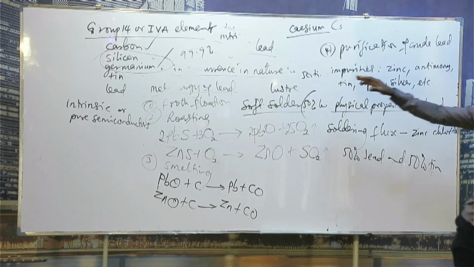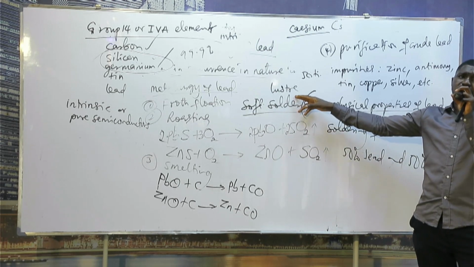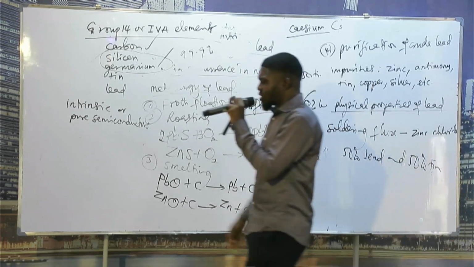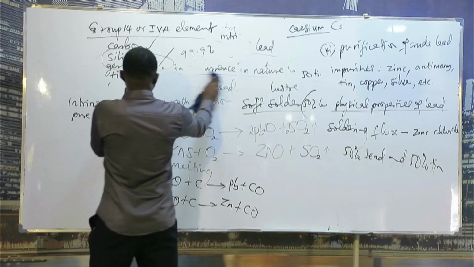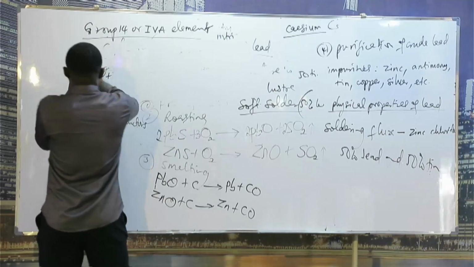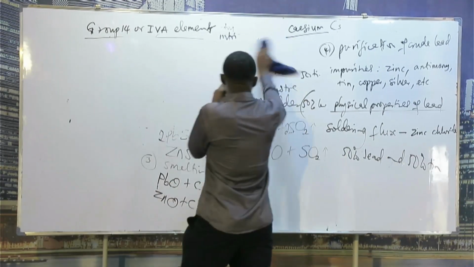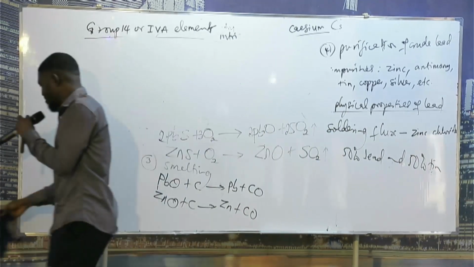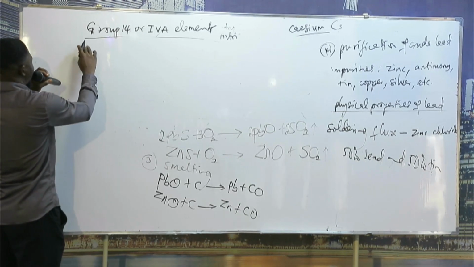Now, why is lead having low melting point? I want you to listen carefully. I want all of us to write the electronic configuration of lead so you can understand what we're saying. Because if you don't know how to write electron configuration of lead, you cannot understand this. Now, let us write. Atomic number of lead is what?